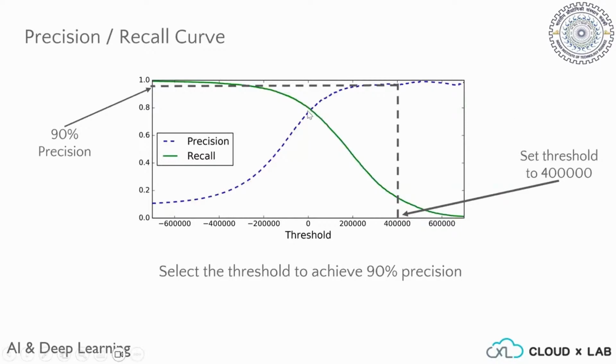This is the threshold value 0, where we are getting good precision and good recall, because both are nearly the same, and since both are the same, we will get a high F1 score for this value, right? For threshold 0, we will get the maximum F1 score, because the F1 score is nothing but the harmonic mean of precision and recall, and that can only be maximized when both precision and recall are equal, right? And this is the point where precision and recall are equal, right?